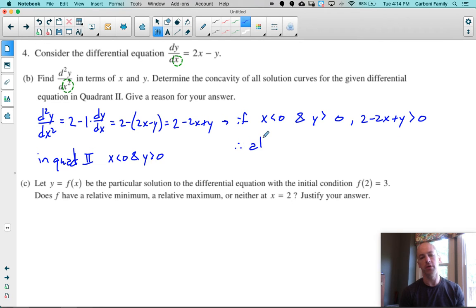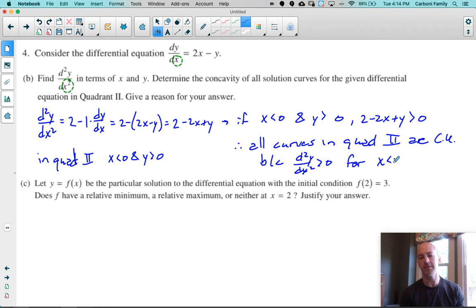Therefore, all curves in quadrant 2 would be concave up because the second derivative is greater than 0 for x's negative and y's positive. So there is discussion. I just dropped my pencil. Okay, so there is how you discuss or determine the concavity in quadrant 2.